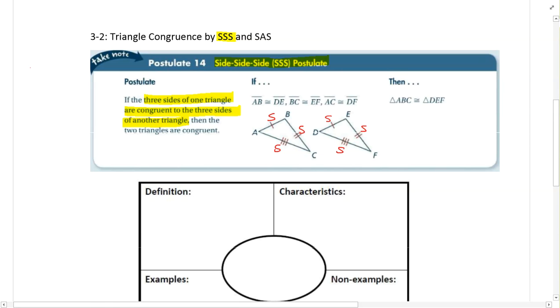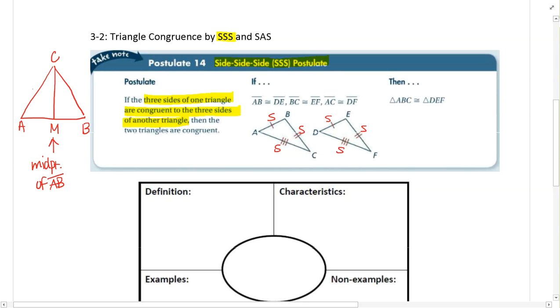All right, let me show you another example off to the side here. Let's say that we have this picture. We saw some things like this where they're sharing this side in the middle. And let's say that we have M here. We'll call this A, B, and C. And let's say that we know that M is a midpoint of AB.